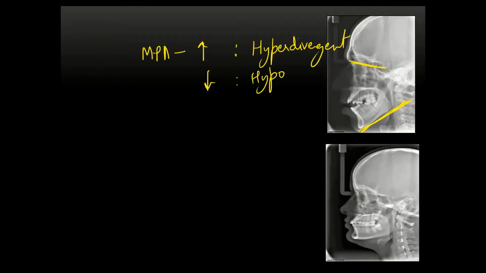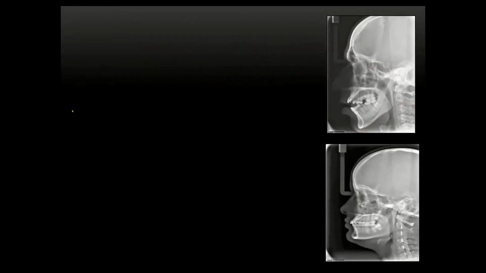Next question which is usually asked is Bjork sum. What is Bjork sum? Bjork sum is a sum of 3 angles. It is also called sum of posterior angles. Now, what all angles do we see? First, you take SN and NAr, articulare.